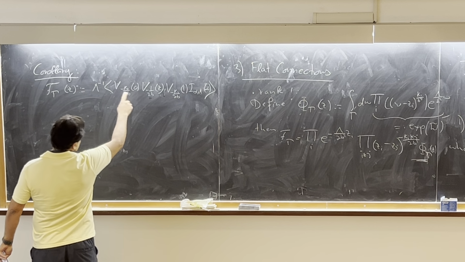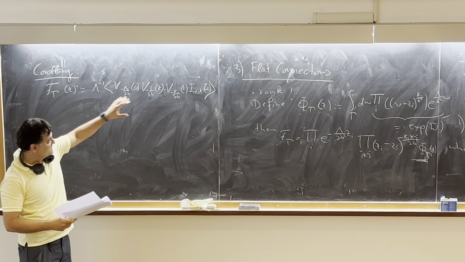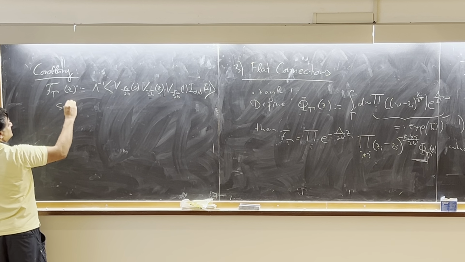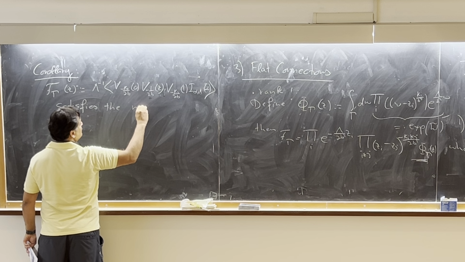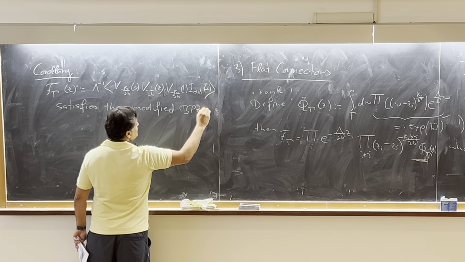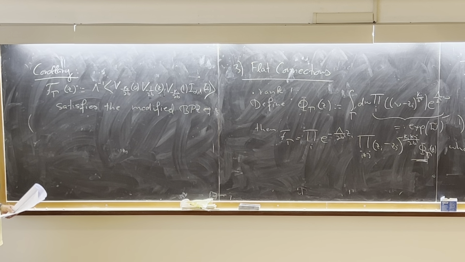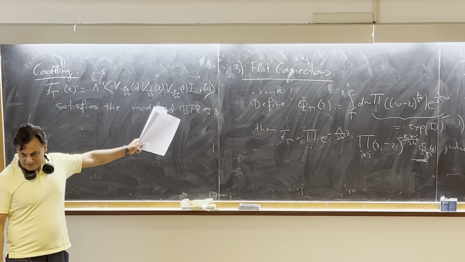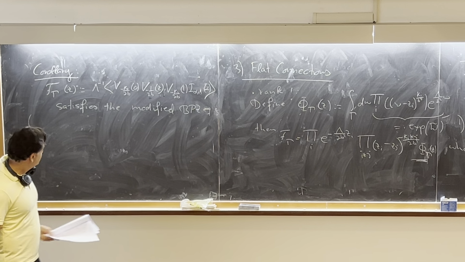So what I mean here is the integral representation defined previously, right? If I have such a function, then this function satisfies the modified BPZ equation. So which one is this? When you say integral representation, the number of screenings comes out of the charge conservation, right? I will focus on the simplest case where there is just one screening charge.